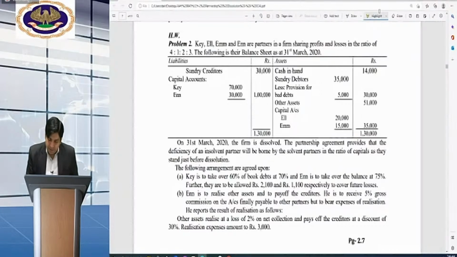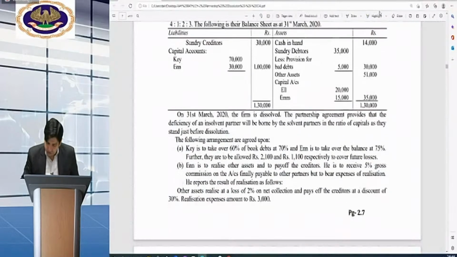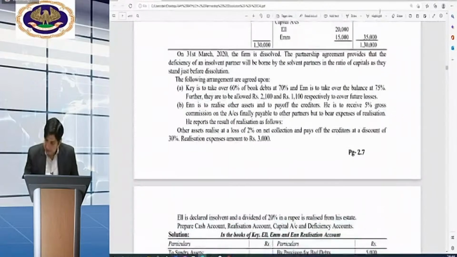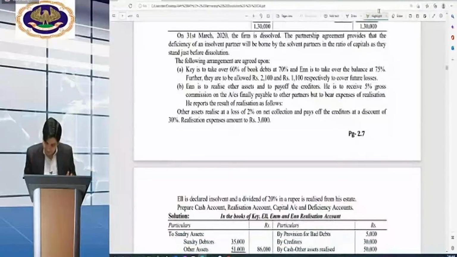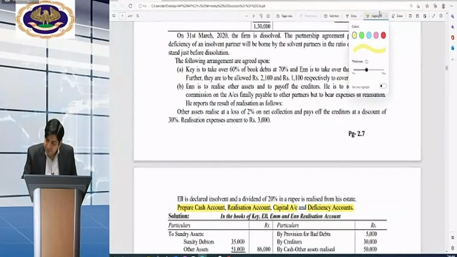So, beta, first read the requirement of the question for which we shall get the numbers. Clearly saying, prepare the cash and bank account, realization account, capital account, and deficiency account. And the last line also I want you to read first. There are four partners, and out of them, one is insolvent.